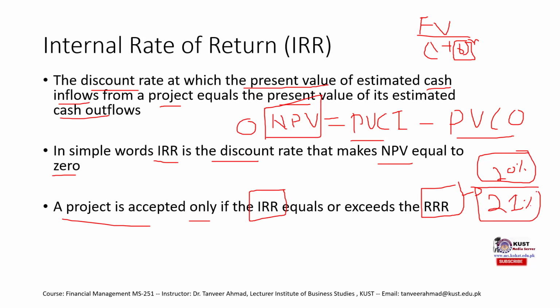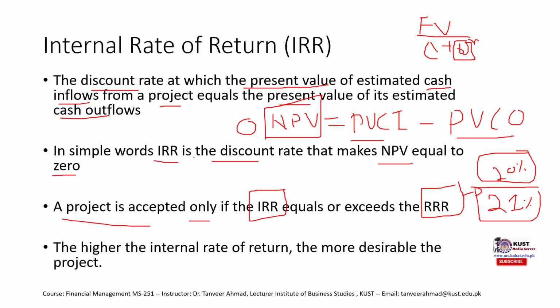So if IRR is greater than required rate of return, then we accept the project. If IRR is less than required rate of return, then we do not accept the project. Or we can say the higher the IRR, the better, the more profitable the project is.